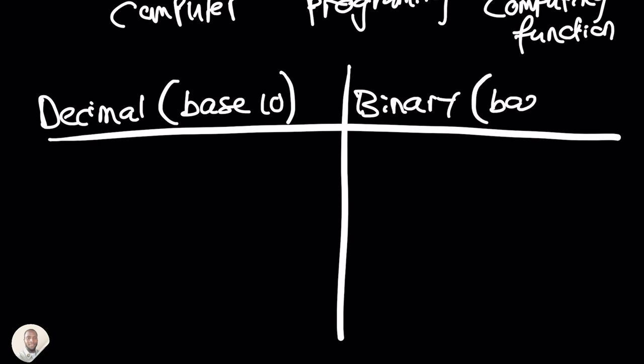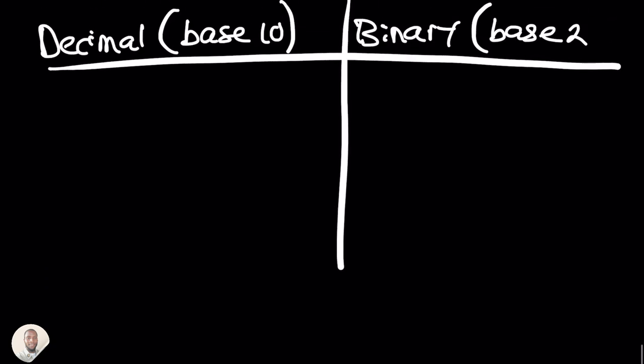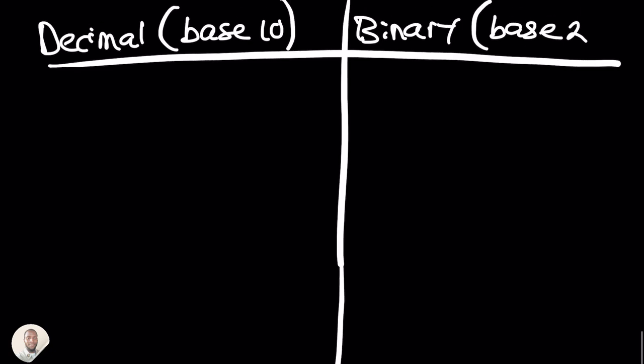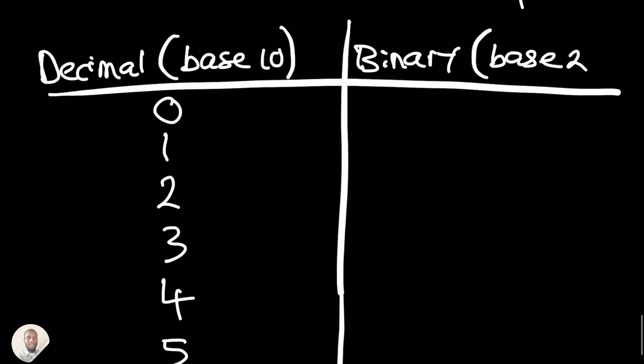Base 2. So now let's count. For base 10, we are supposed to have how many digits? 10 digits, right? So let's go 0, 1, 2, 3, 4, 5, 6, 7, 8, and 9. Because the next number will be what? 10. So let's now count for binary.